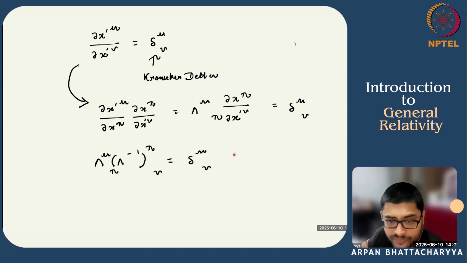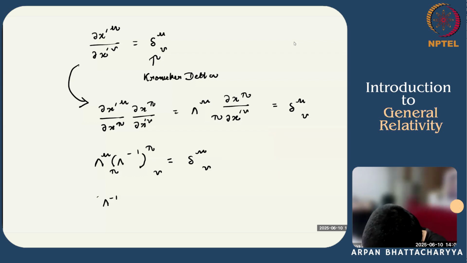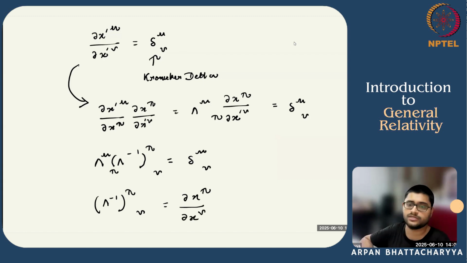And then if you compare these two, then you can see that lambda inverse in terms of components takes this form. Okay. So this is the inverse Jacobian.